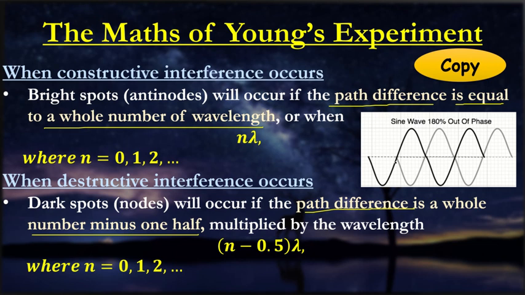We have two sine waves combining with each other. Can you see that this wave is half a wavelength early compared to where this wavelength begins? So this wavelength here is delayed by half a wavelength. That's why complete destructive interference will occur when one wave, whichever wave we're looking at, the first one or the second one, is combined with another wave that's half of it.